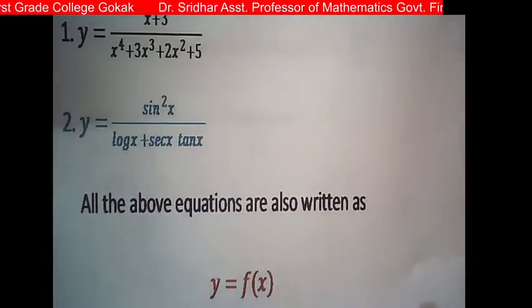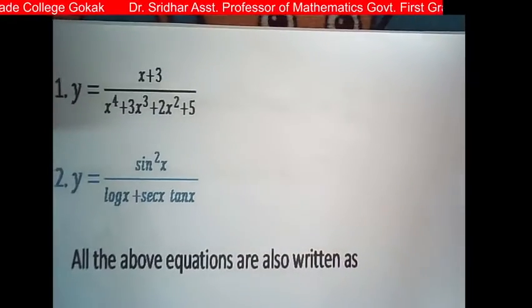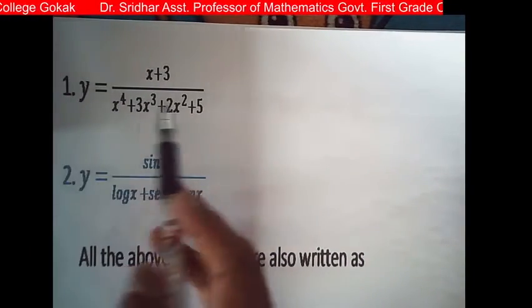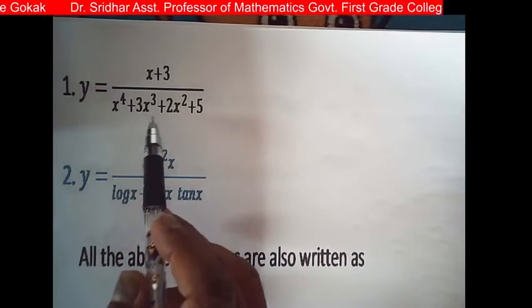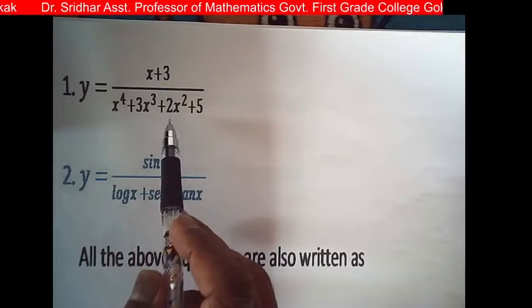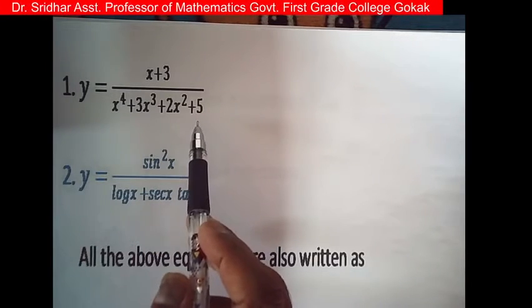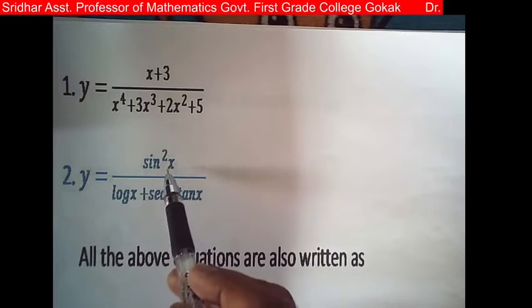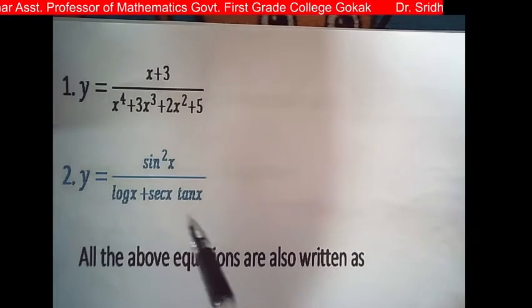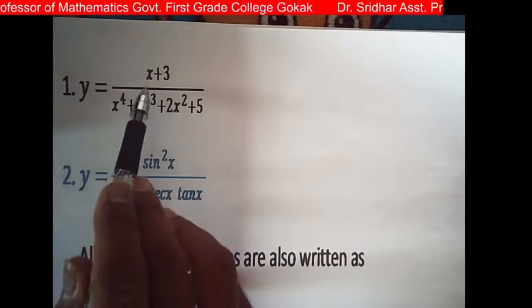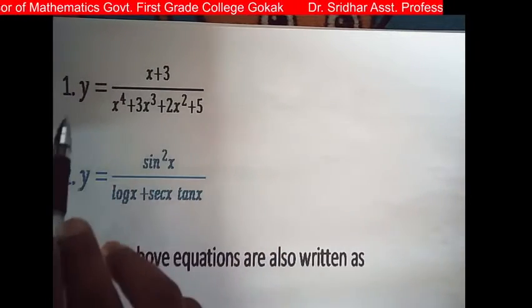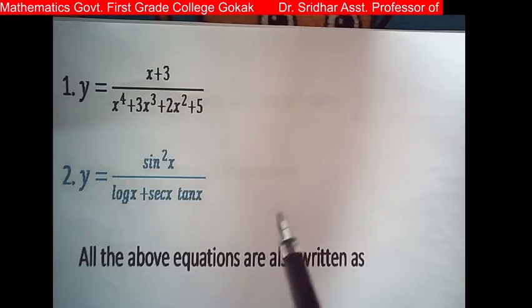Now similarly here, y is equal to x plus 3 by x raised to 4 plus 3x cube plus 2x square plus 5, and y is equal to sine square x plus log x plus sec x tan x. So in these two problems, again x is the independent variable and y is the dependent variable.